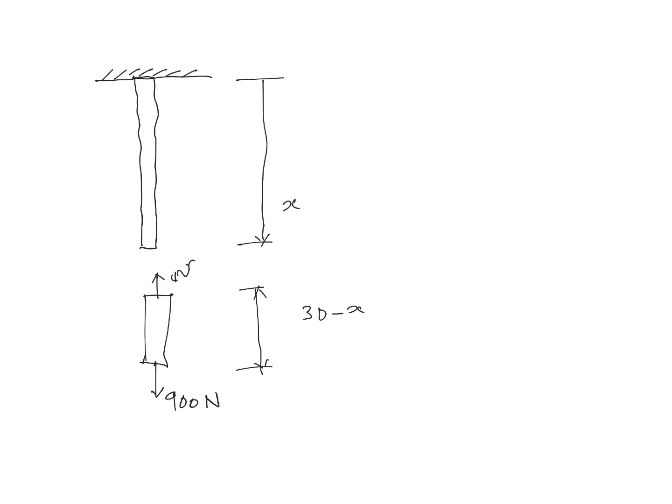Since I have cut a section, there will be a net force acting at that section. Let me call that net reaction force capital N. Here they are acting equal and opposite. So my focus is on this particular section.